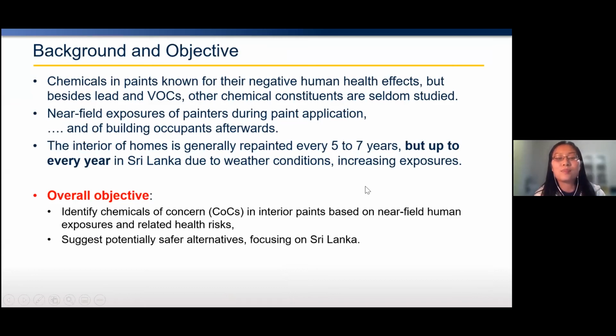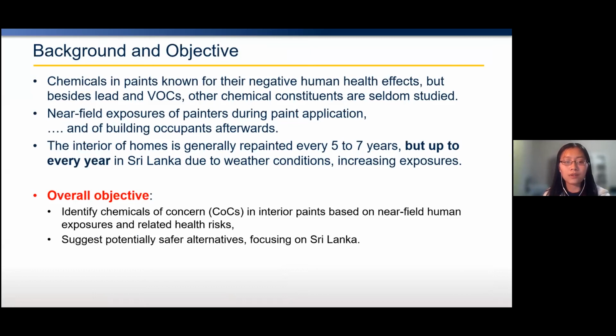Okay, so interior paints contain chemicals that are known to be harmful for humans, but besides lead and VOCs, other chemicals in paints are seldom studied. The chemicals in paints can lead to near-field exposures of painters during the paint application and of building occupants afterwards.